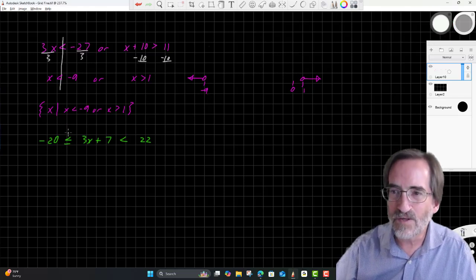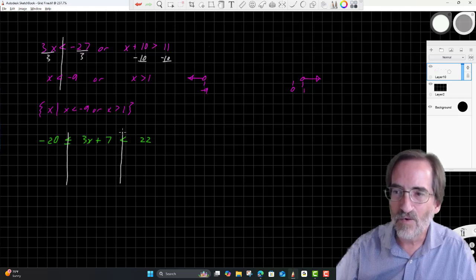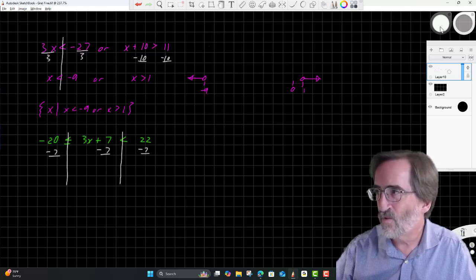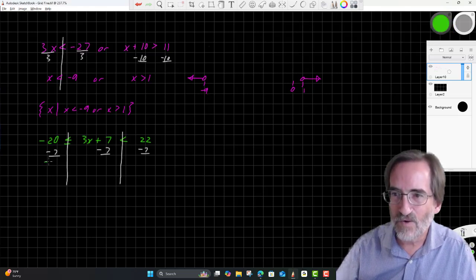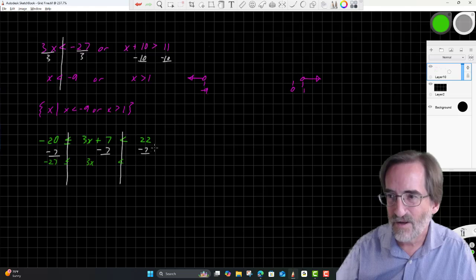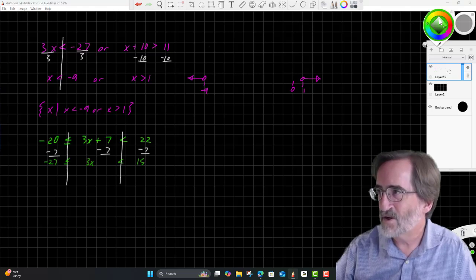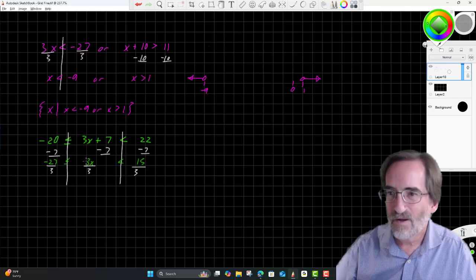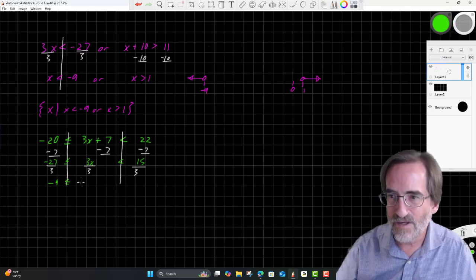In this case, we treat this like a three-way inequality. Anything we do to one side, we do to all of them. Subtract 7 from all three. We get -27 is less than or equal to 3x is less than 15. Yeah, there we go. That's what I was trying to do, was make sure that we had no fractions. And then divide all three sides by 3. And we would say -9 is less than or equal to x is less than 5.